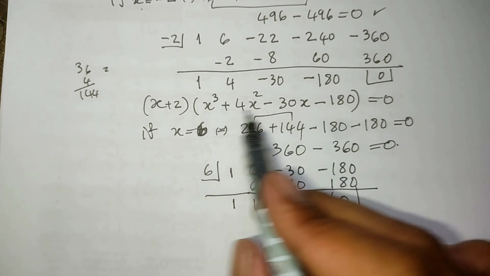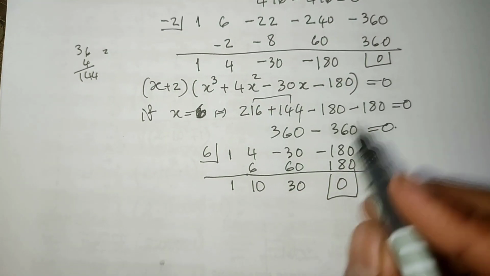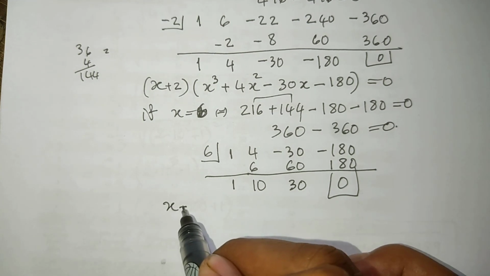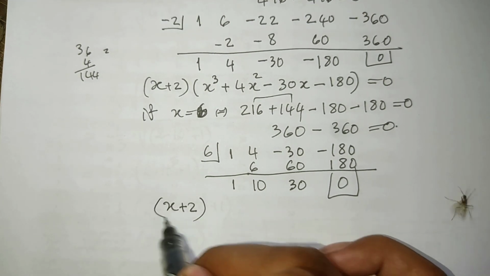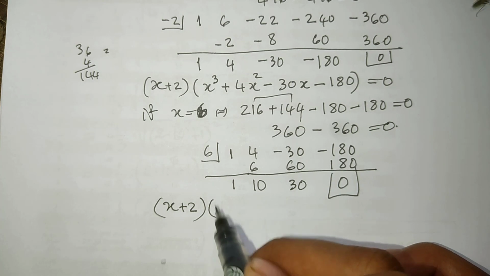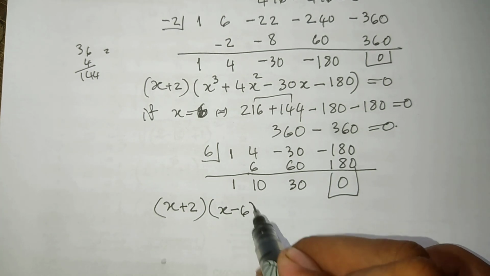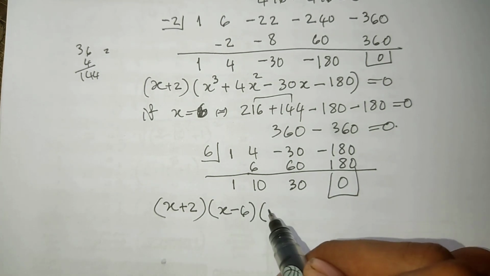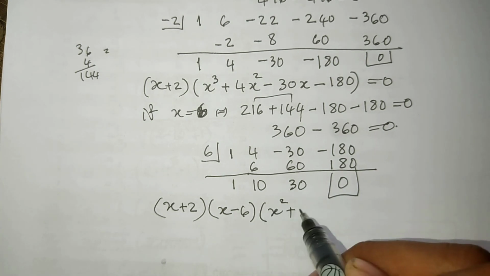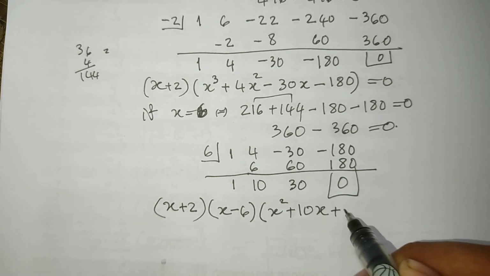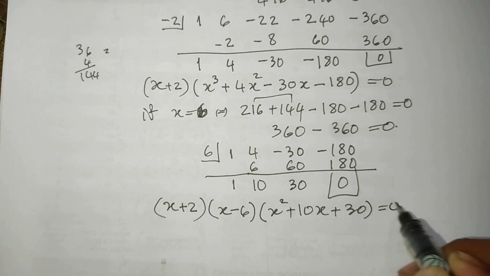So now our equation can be written as (x plus 2) times (x minus 6) times (x squared plus 10x plus 30) equals 0.